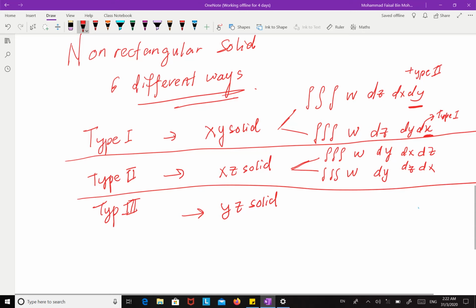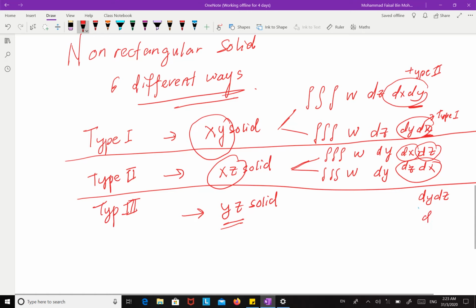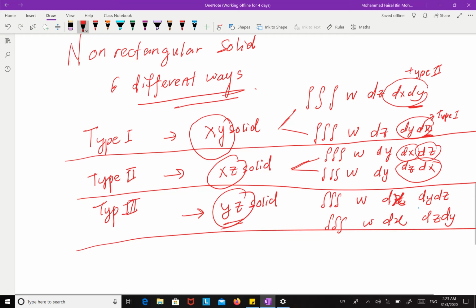Over a simple xy solid, here over xz solid, which means you have dx dz or dz dx. Over a simple yz solid, which means you must have dy dz or dz dy, which means you are now integrating your function dx. So we have 6 different ways to represent triple integral.